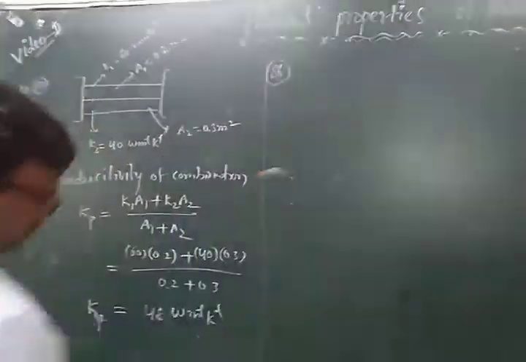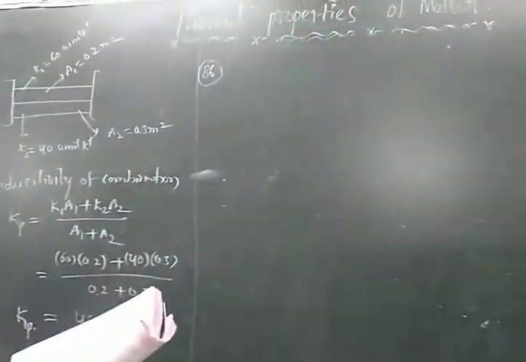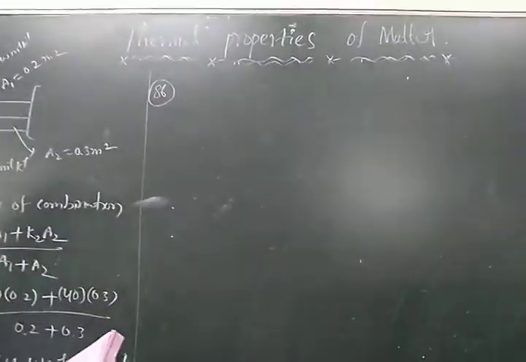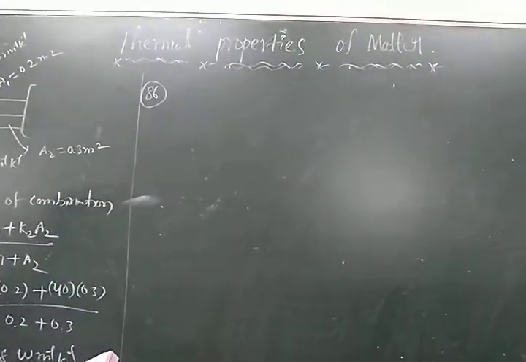Two rods A and B of the same length and radius are joined together.